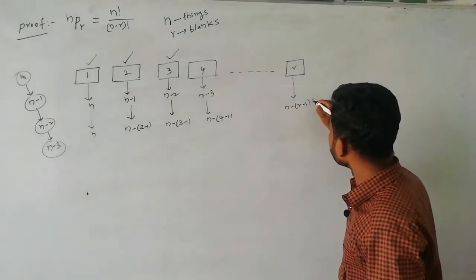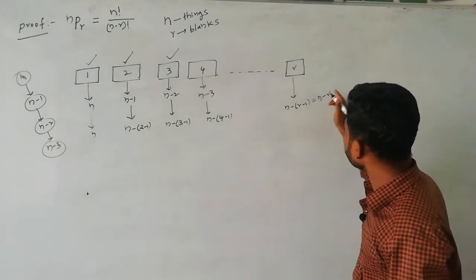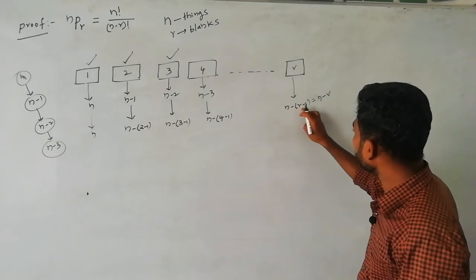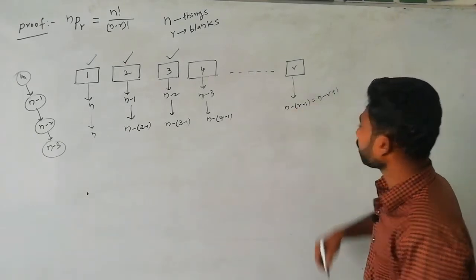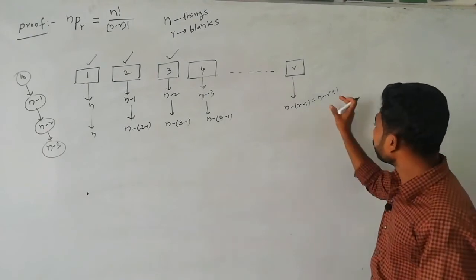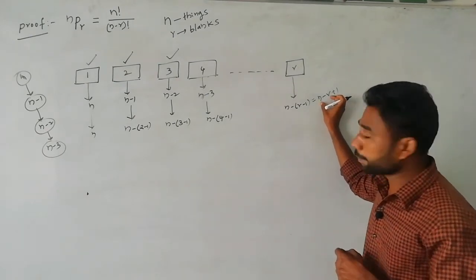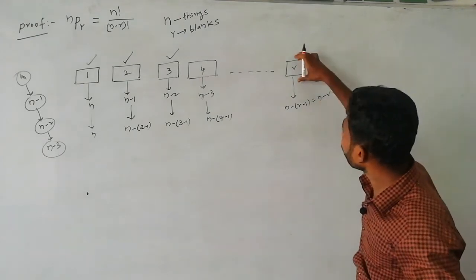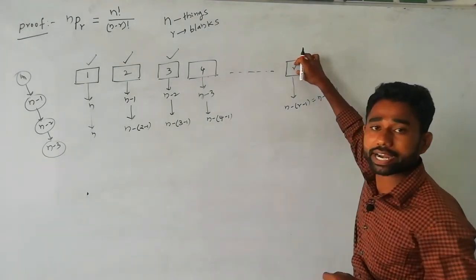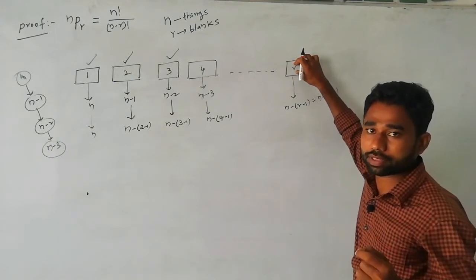So we can write n minus (r minus 1), that is n minus r plus 1 ways we can fill up the last blank, number r. Okay, yes.